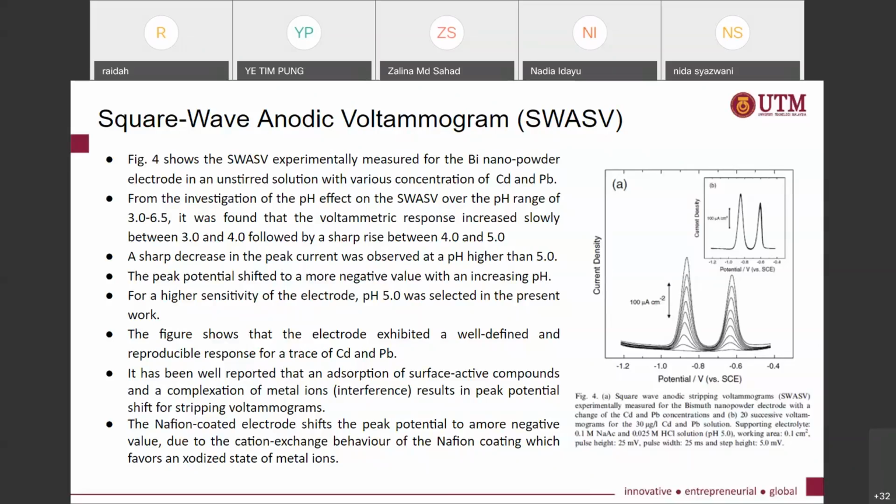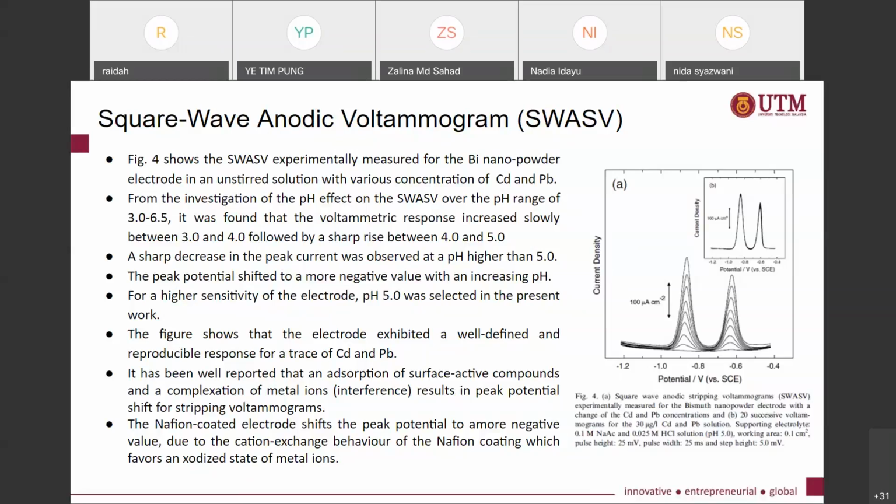A quite similar optimal pH of 4.5 to 5.0 was also reported in other studies. It was noted from figure 4 that the electrode exhibited a well-defined and reproducible response for a trace of cadmium and lead.